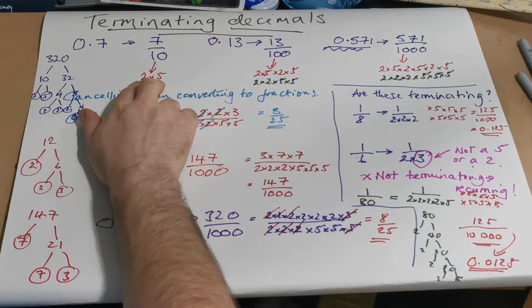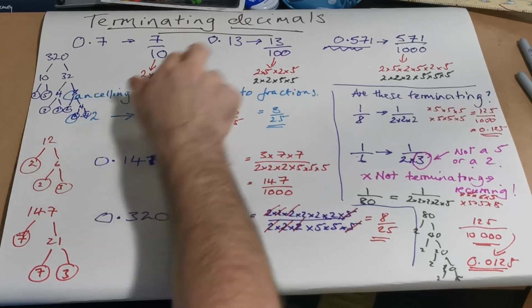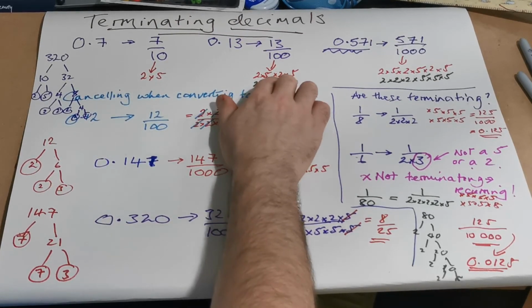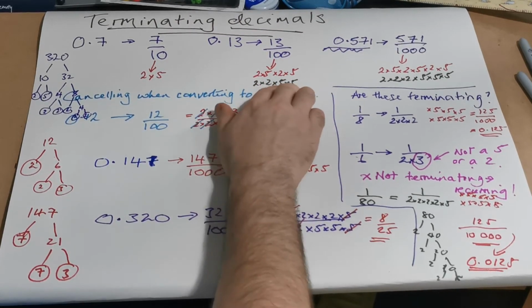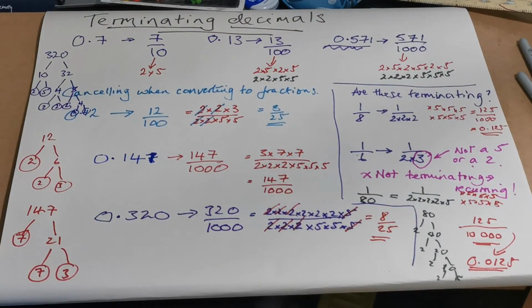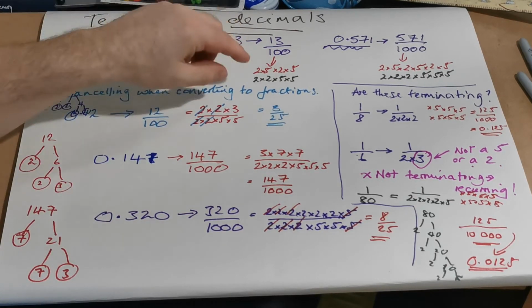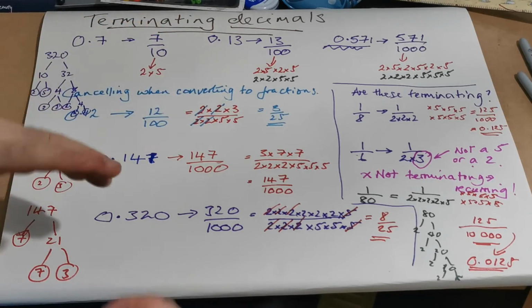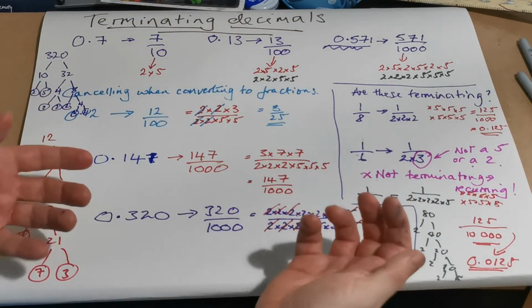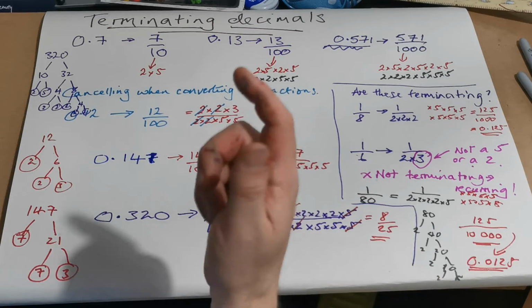So 7 tenths would be 7 over 2 times 5, 13 over 2 times 5 times 2 times 5, or 2 times 2 times 5 times 5. And in order for a fraction to give a terminating decimal, we have to be able to get to a multiplication of equal numbers of 2's and equal numbers of 5's in the denominator.